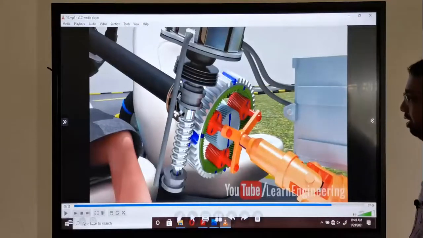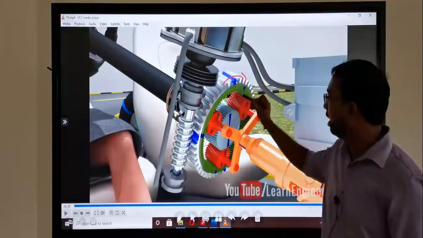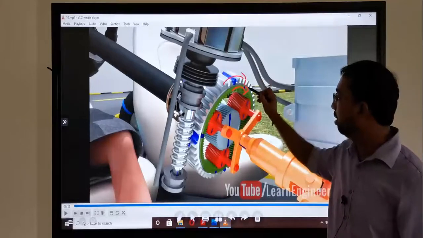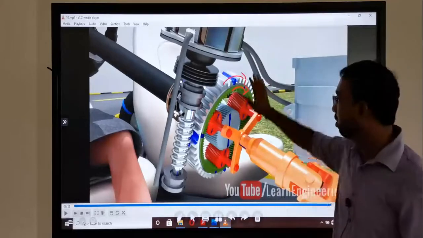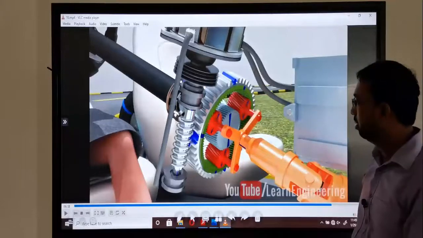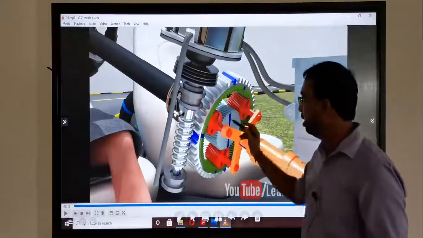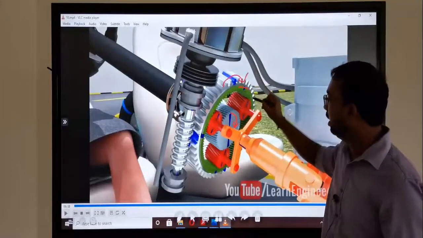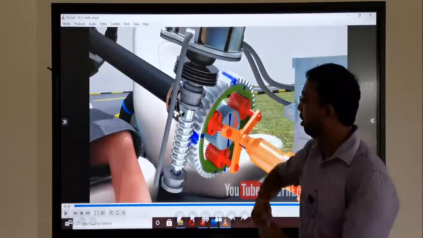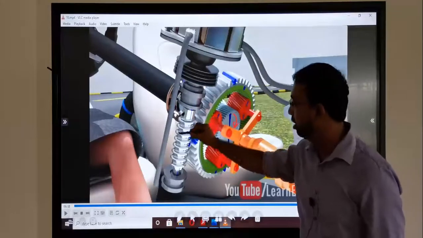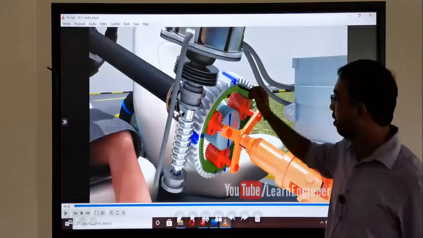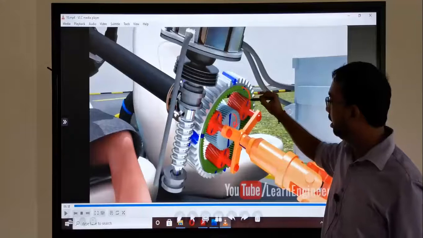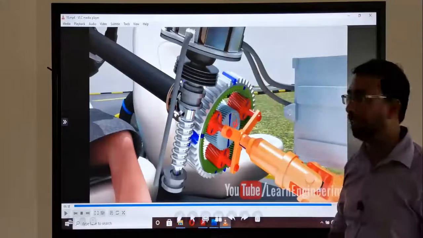So just think, when it rotates, this worm gear rotates, and the ring gear also rotates. When the motor rotates, the worm gear rotates, then it is transmitted to the worm gear, and the ring gear also rotates at the same time.